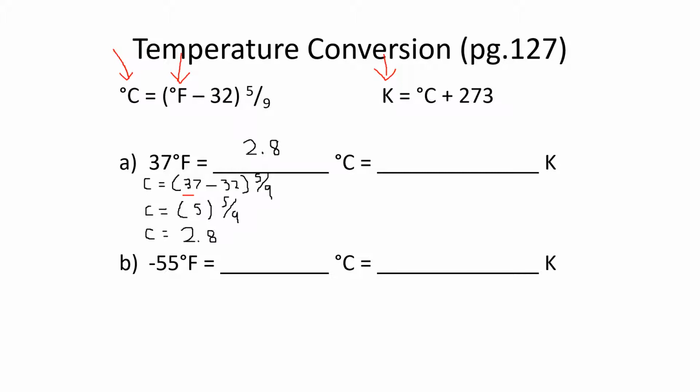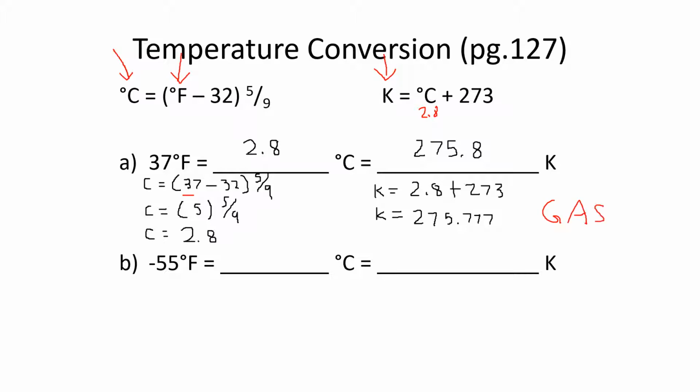I think that repeats. And then to get from Celsius to Kelvin, we'll just plug in the 2.8 here and then add in 273 to get to Kelvin. So when we do the gas laws, just remember temperatures need to be in absolute.